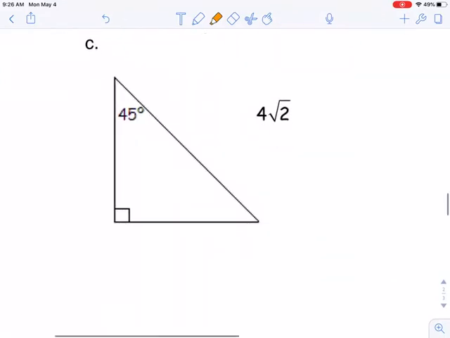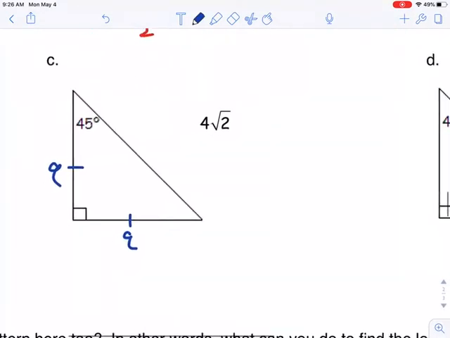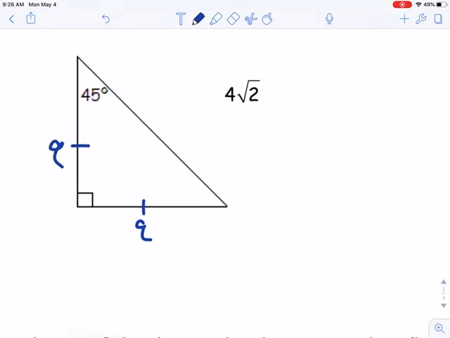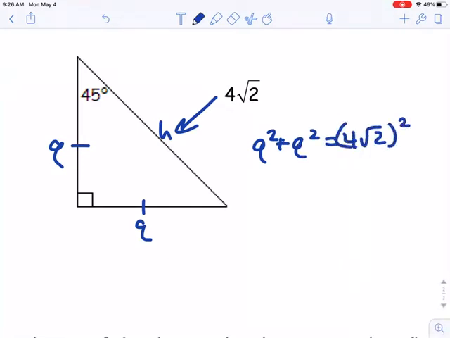This one, let's look at number C. Let's call the legs Q this time. Where do I want to write this? Let's just start right here. And this is the hypotenuse kind of floating out in space. Q squared plus Q squared equals 4 radical 2. Put the whole thing in parentheses. 2Q squared. So when I have this, the 4 needs squared and the radical 2 needs squared.